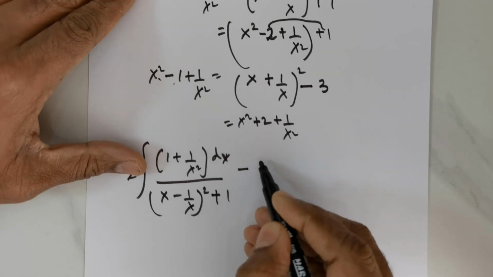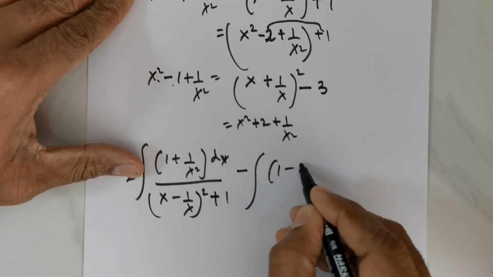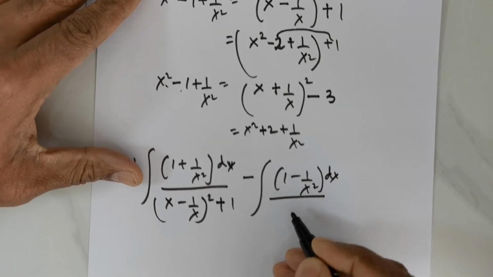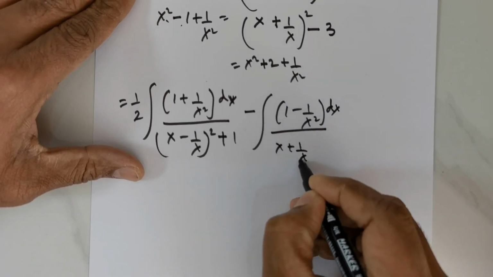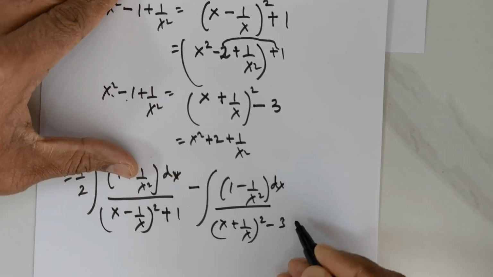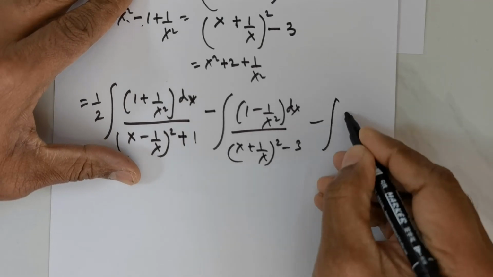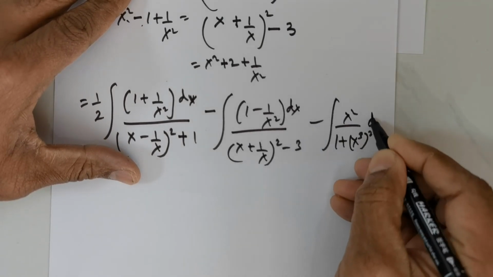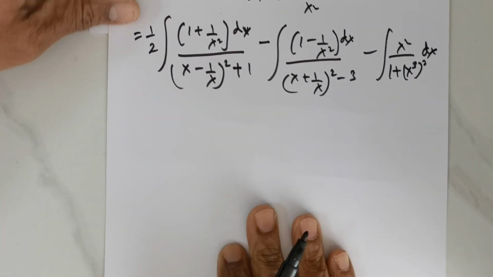For the next term, it's going to be integral (1 − 1/x²) times dx divided by (x + 1/x) whole squared − 3, and the last term that we have is negative integral x squared over (1 + x³) raised to the power of 2 times dx. Okay, so this is what we've got.